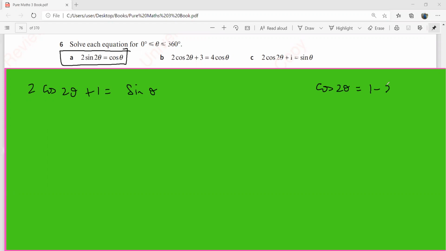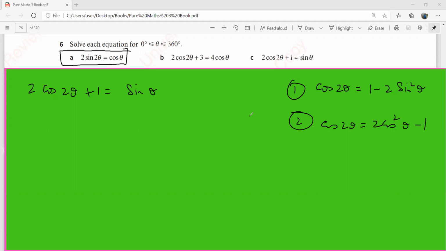One is 1 minus 2 sine square theta, and the other is 2 cos square theta minus 1. So you have to decide which one of these two identities you will be using here to be able to solve this equation. Which one should I be using, the first one or the second one?